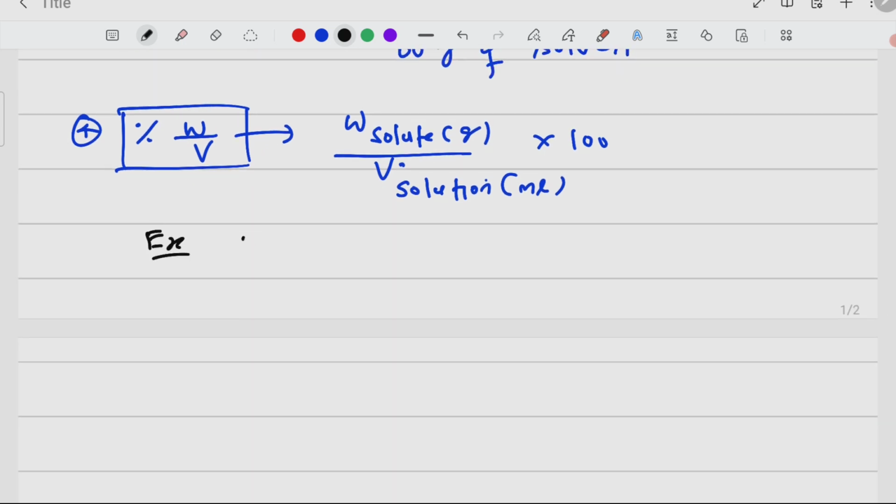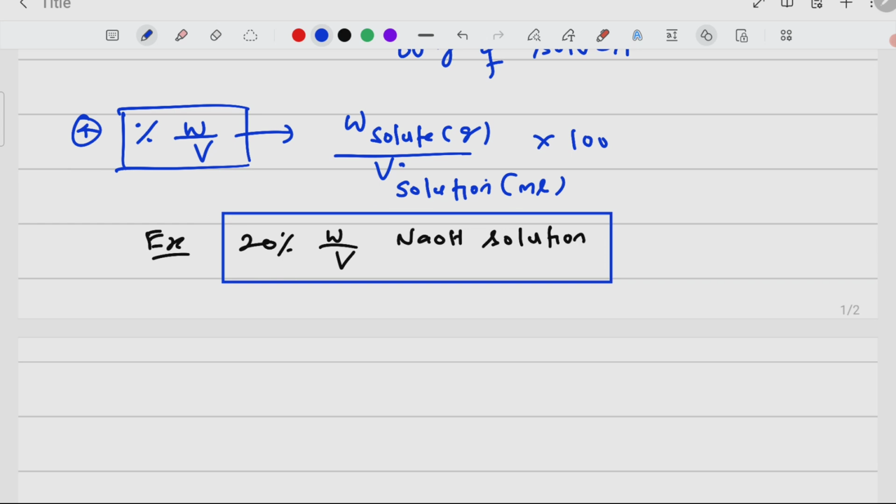If there is a 20% W by V NaOH solution given, how do we need to observe it? Here, the given information means 20 grams of NaOH present in 100 ml solution.